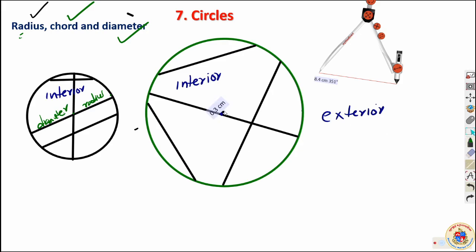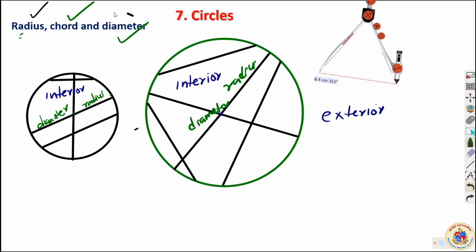Here also, if you draw a line from center to the circle, we named it as radius. But if I extend and make a chord passing through the center, it will become double of radius, no? By measure, that is the diameter.